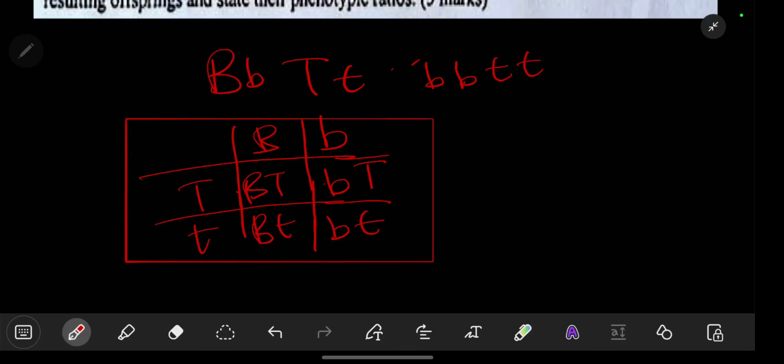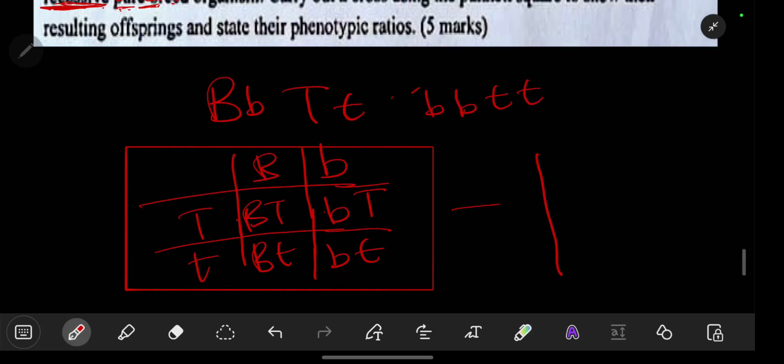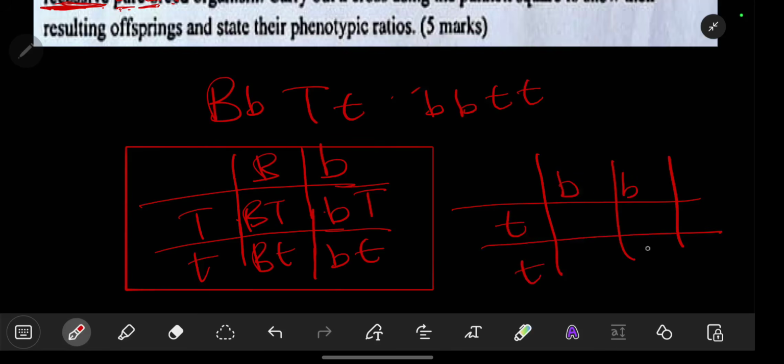Then from here we are going to have something like this. We have our b, t, then we are going to get our small t, small b, like that.